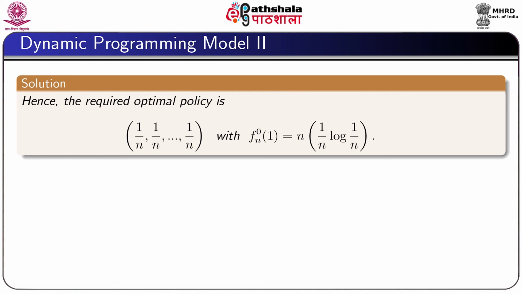Hence, the required optimal policy is p1 equal to p2 equal to ... equal to pn equal to 1 by n, and the minimum attainable sum is equal to n into 1 by n log 1 by n.